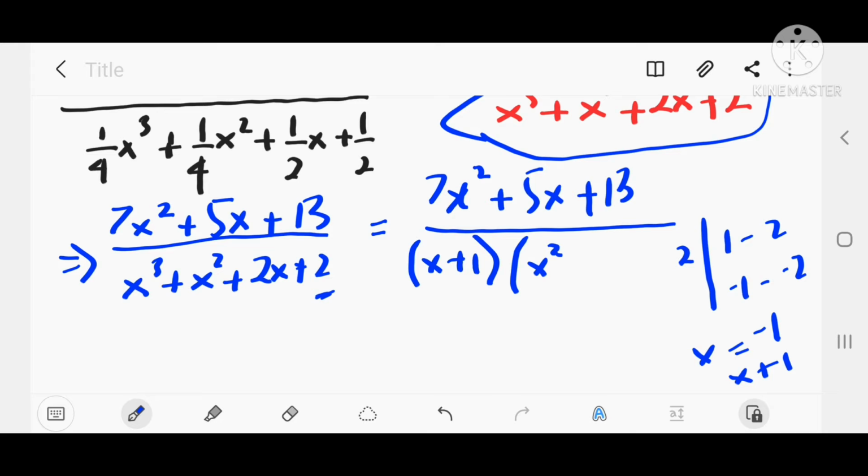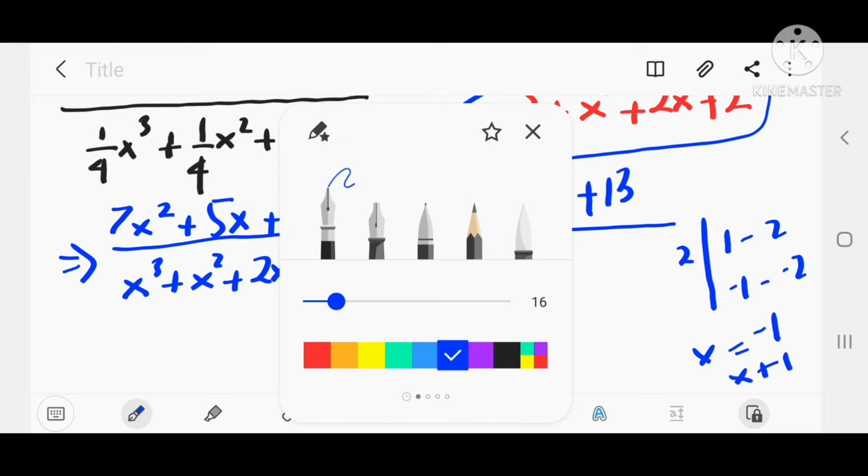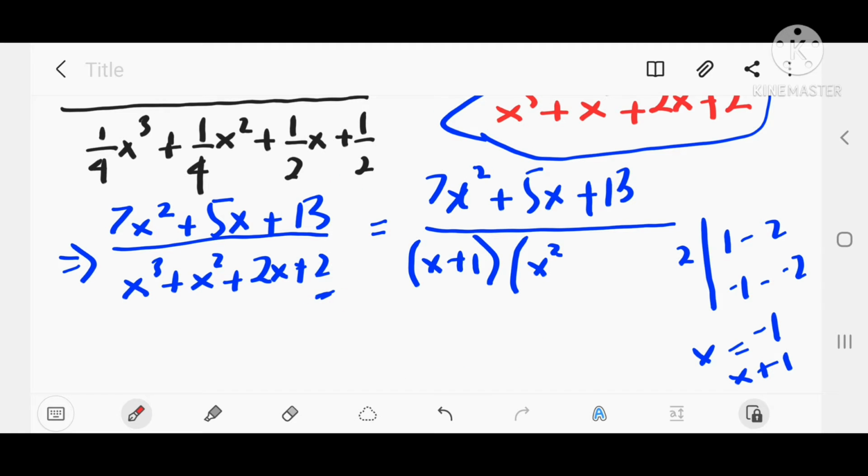So we use the x squared to multiply the divisor that we're using. Let me use the red pen. So x squared times x, you get x cubed. Then x squared times 1, you get x squared.